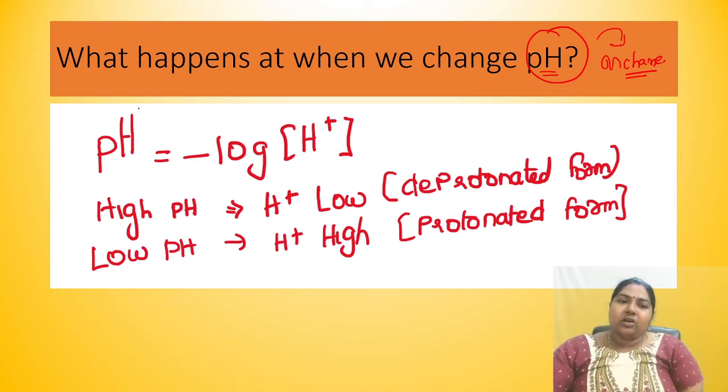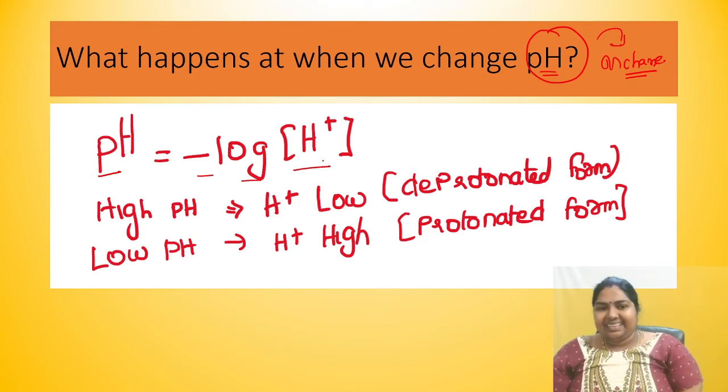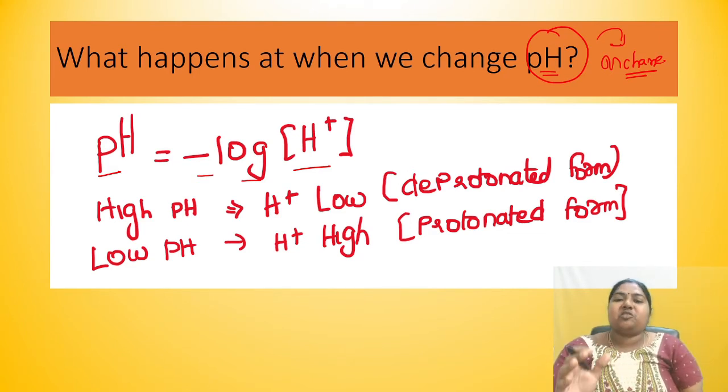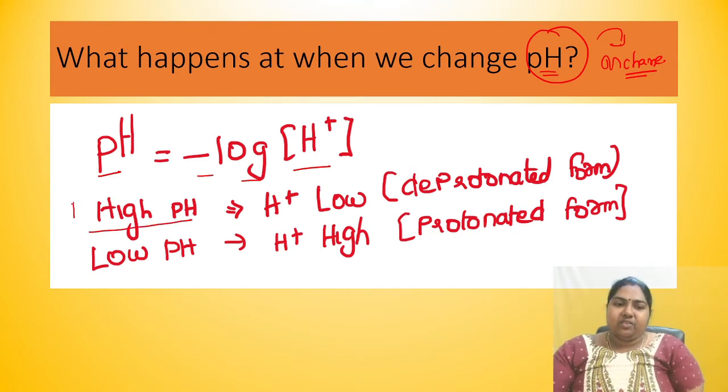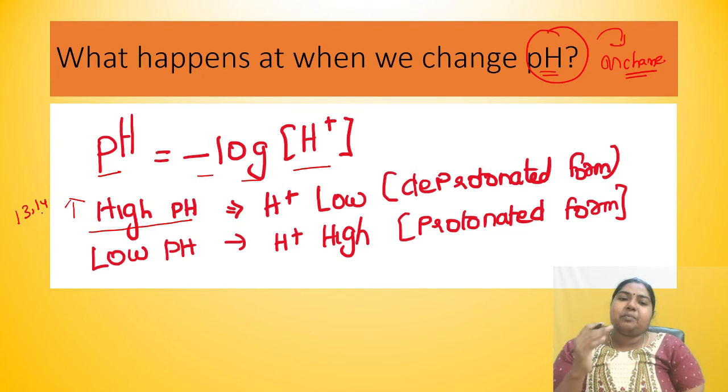Why? Because we know that pH is nothing but the negative logarithm of H plus ion concentration. That means whenever I increase my pH, whenever the pH is high, maybe 13, maybe 14, what happens to the H plus concentration?